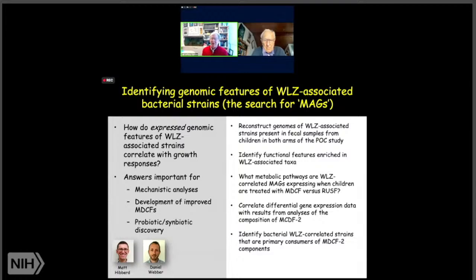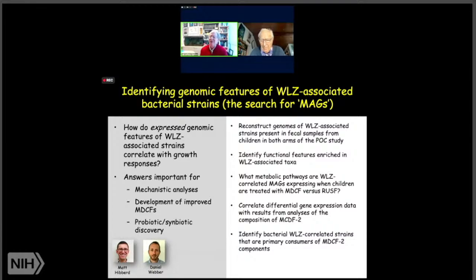That question and the ensuing answers are absolutely critical for more detailed mechanistic insights about how MDCF2 and other food-based interventions would be affecting the microbiota and host growth, key for developing improved MDCF, as well as for the discovery and use of symbiotics, which are combinations of pre and probiotics or probiotic species.